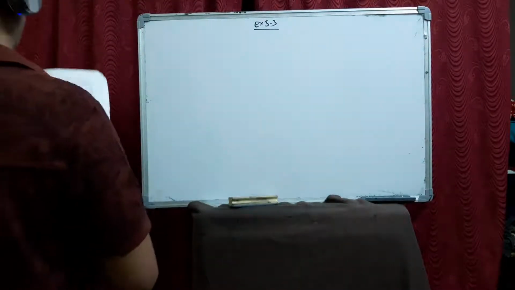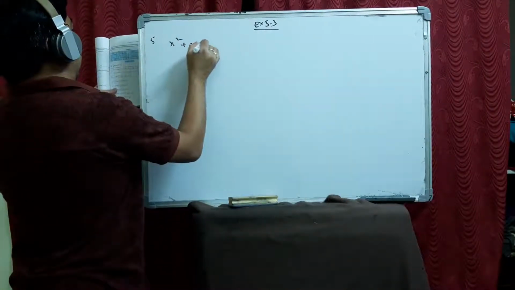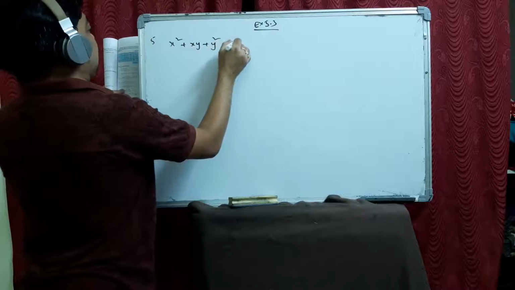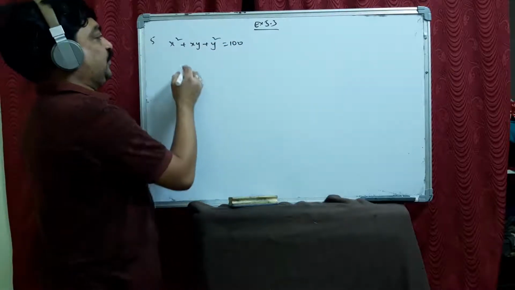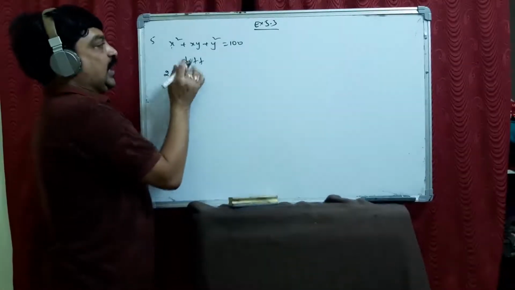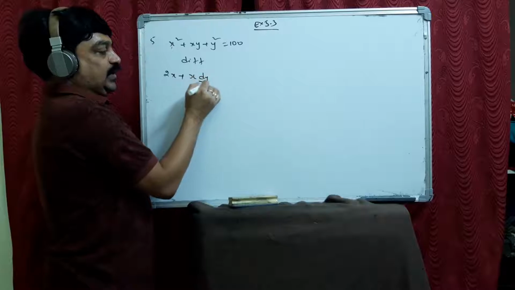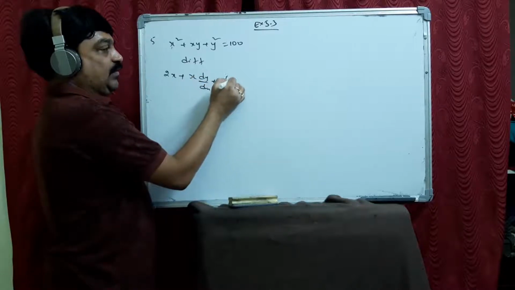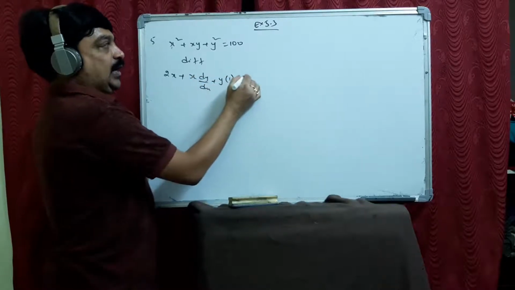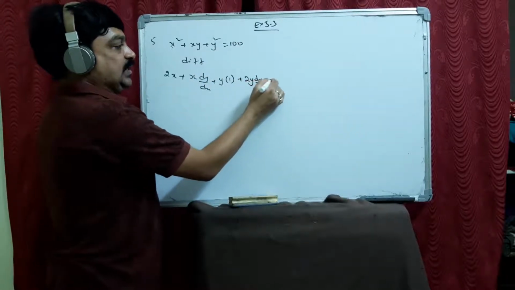Now see the fifth problem. They gave x square plus xy plus y square is equal to 100. Now let us see. Differentiating both sides, this is 2x, and here it becomes the uv rule, u dv plus v du, which gives x dy by dx plus y times 1, and I told you the derivative of y square is 2y dy by dx, equal to 0.